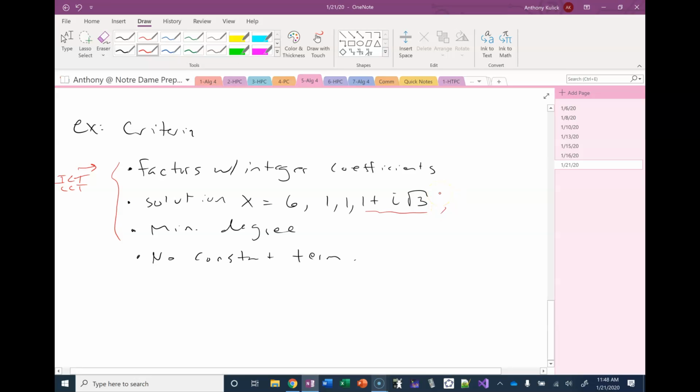So what other solution needs to appear on my list? So it's 1 minus i square root 3. So again, the only thing that changes is the sign in front of the imaginary or the irrational part. Okay, so only one sign is going to change.